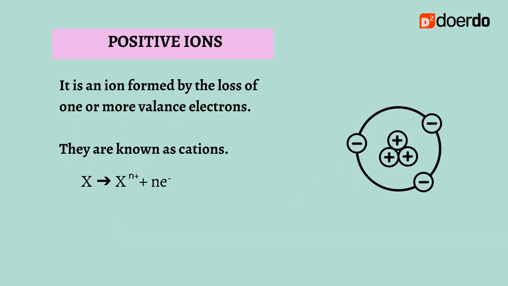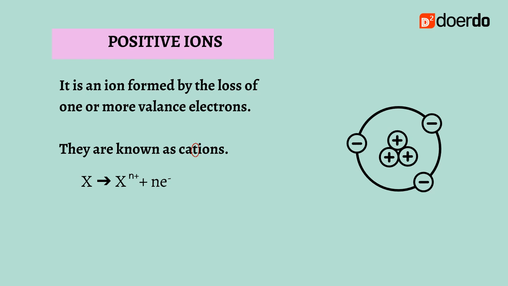To go deeper, positive ions are ions that are formed by the loss of one or more valence electrons, and they are known as cations. So a tip I have for you is cat has a T inside, and T looks like a plus or positive sign, so you know that cations are what you refer to as positive ions.